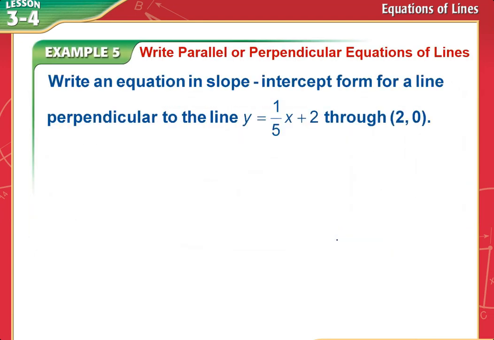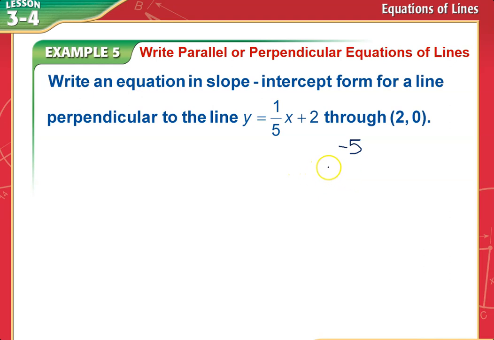So we're going to write an equation in slope-intercept form for a line perpendicular to the line 1/5 x plus 2 through 2, 0. All right, so we know that lines that are perpendicular have to have negative reciprocal slopes. So negative 5 is going to be my slope that I need, and 2, 0 is my point. And we're putting this in slope-intercept form.